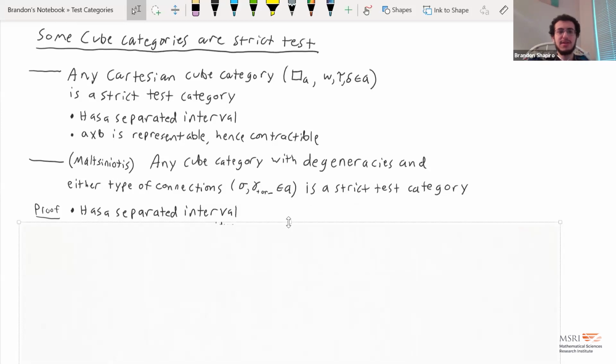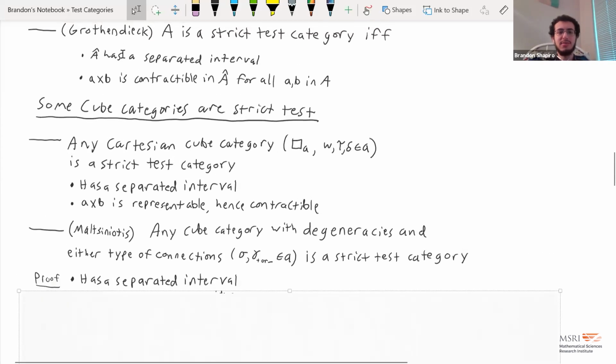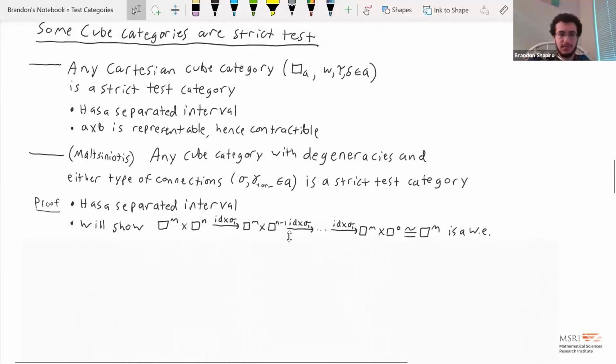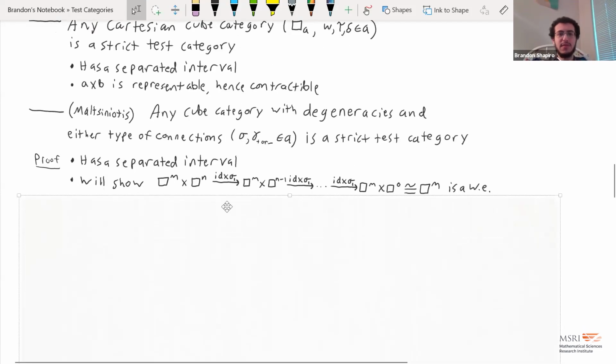So first of all, we're using the same theorem. We need a separated interval, which it certainly has, and we need the product of representables to be contractible. So that's what we're going to focus on. The way we're going to do that is step by step. If we have a product of representables, m cubed cross n cubed, and we can show that it is weakly equivalent to m cubed, which is contractible, then we're good to go.